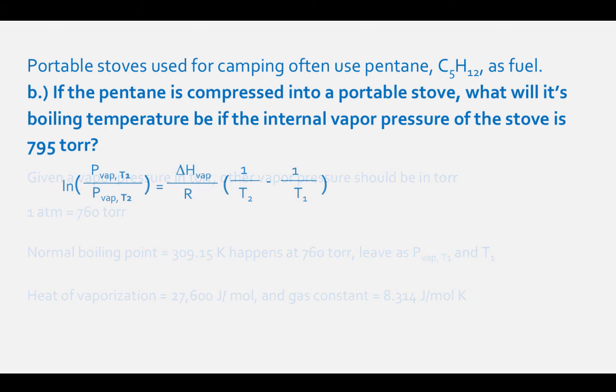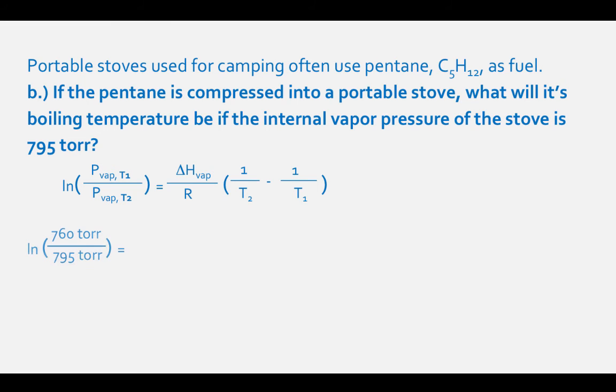If we substitute our quantities into our equation, our left side of the equation will look like the natural log of 760 torr divided by 795 torr.